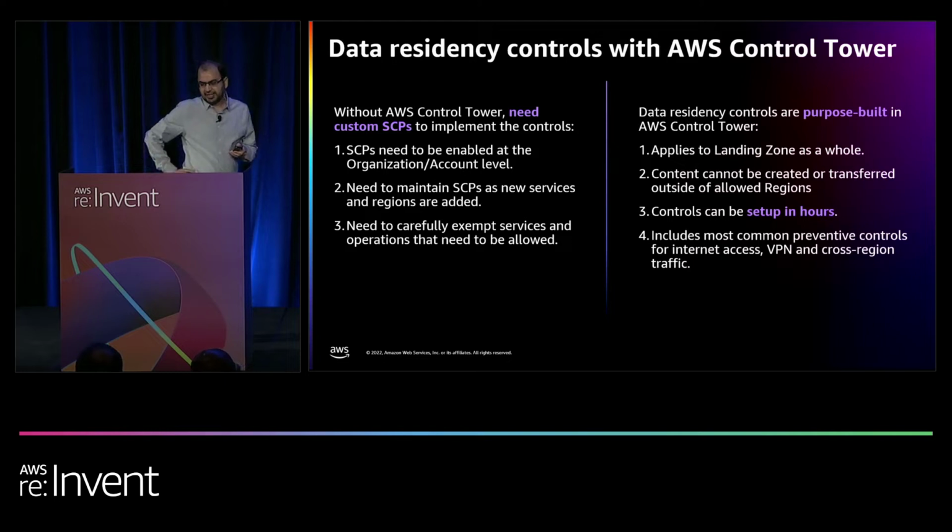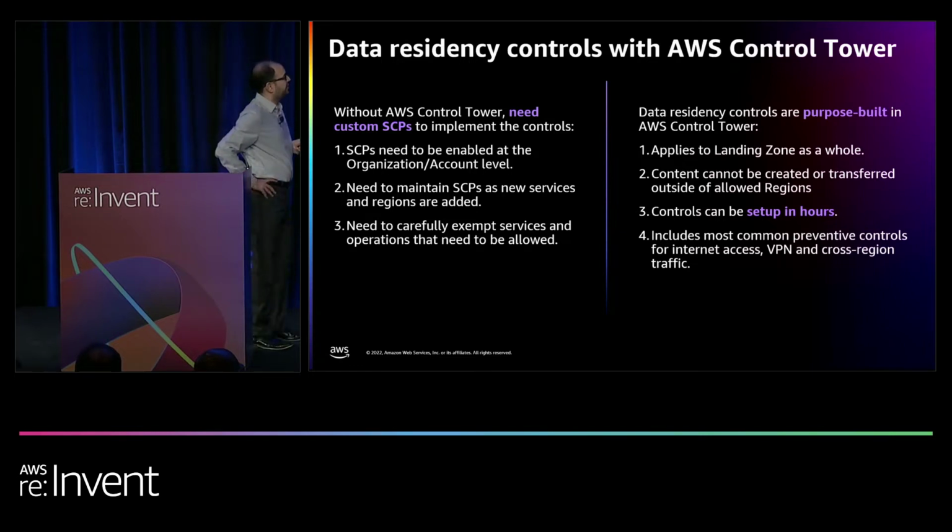With our previous landing zone, the implementation of these region controls required custom SCPs to be implemented. Each SCP needed to be applied to the organization at the account level, and we needed to maintain SCPs as new services and regions are added by AWS.